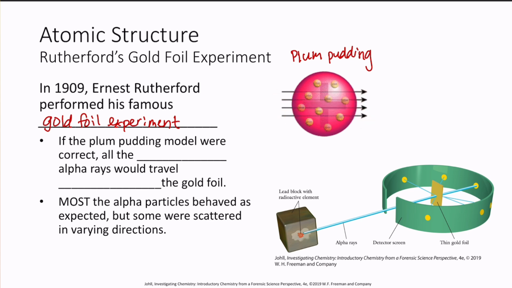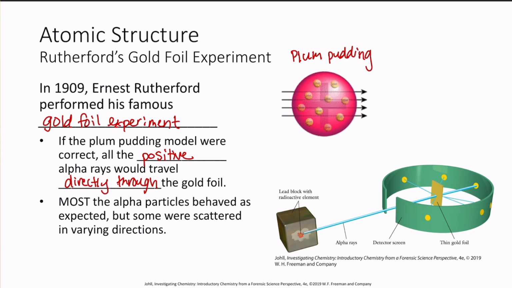So all of the positive alpha rays would travel straight through the gold foil. Now, this is not what happened.